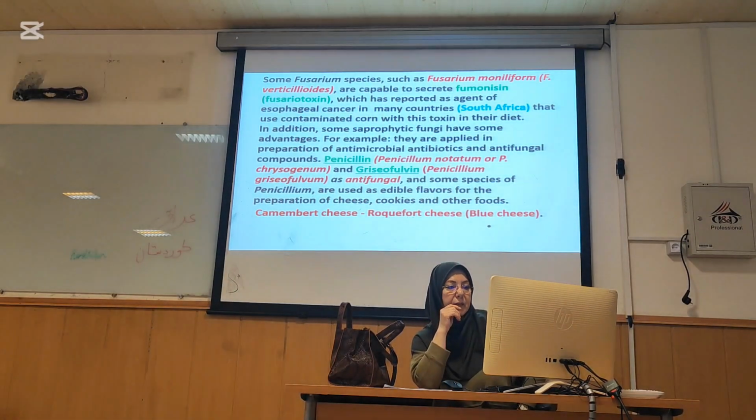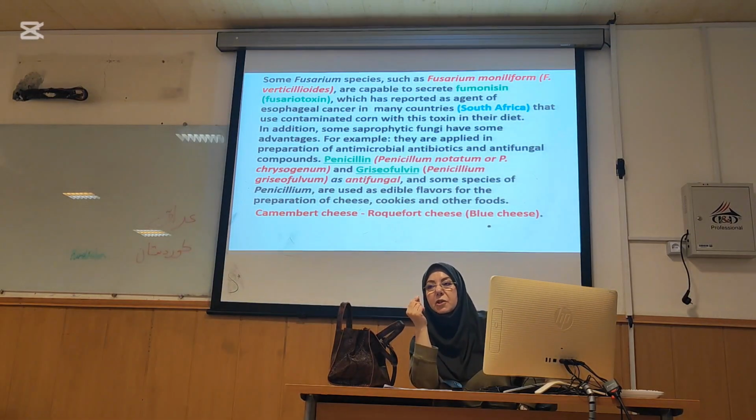Penicillin can be synthesized from a species of Penicillium that we name Penicillium notatum, which today we name Penicillium chrysogenum. Penicillium chrysogenum is another name for Penicillium notatum.